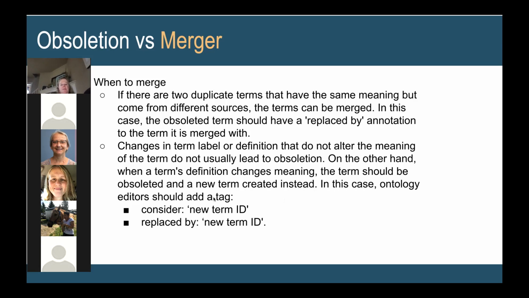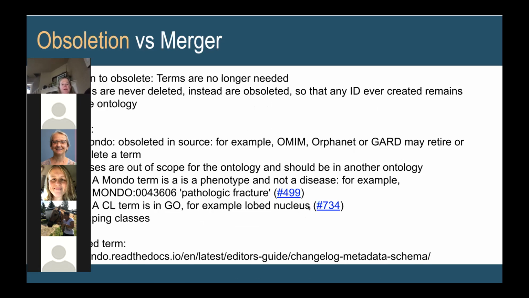So we're going to talk a little bit more about using the consider or the replaced by. When we obsolete terms in Mondo, if we just obsolete them and don't replace them by merging them with another term, we have a consider annotation that points to the new term ID. Like in the example above, if we obsoleted pathologic fracture, there's no other term in Mondo that's called pathologic fracture or has the same meaning as whatever this Mondo term had.